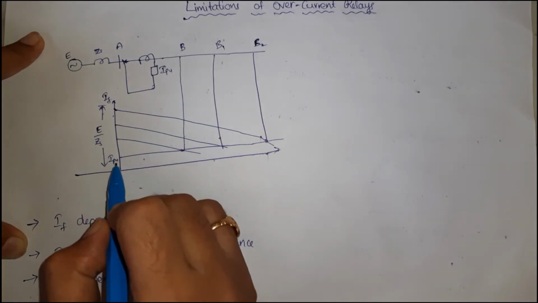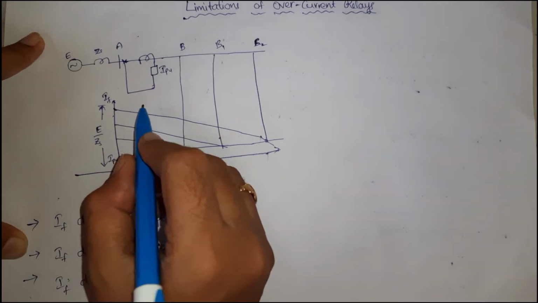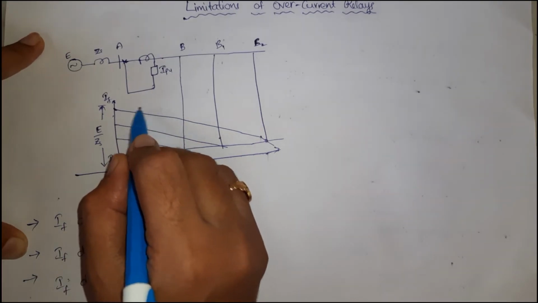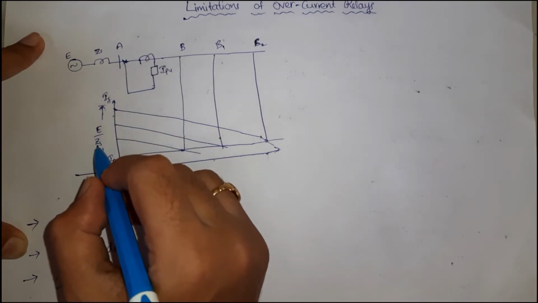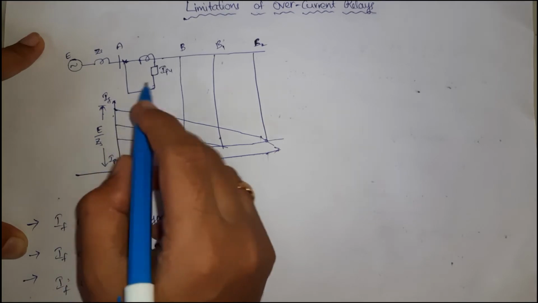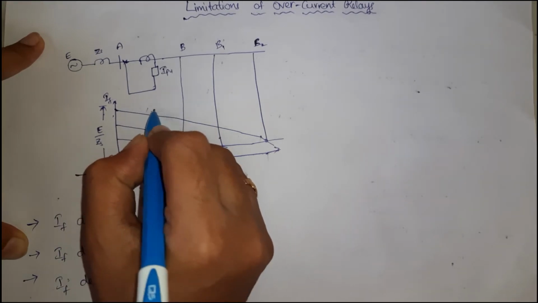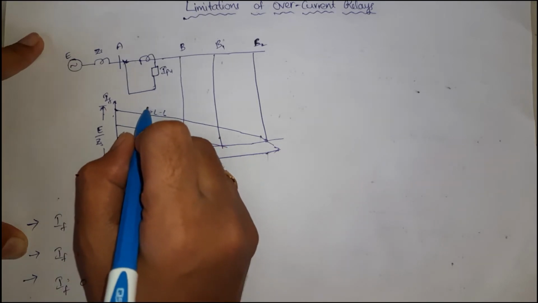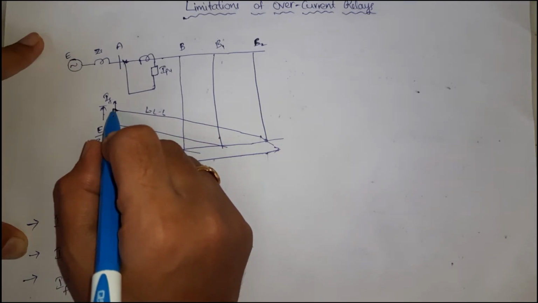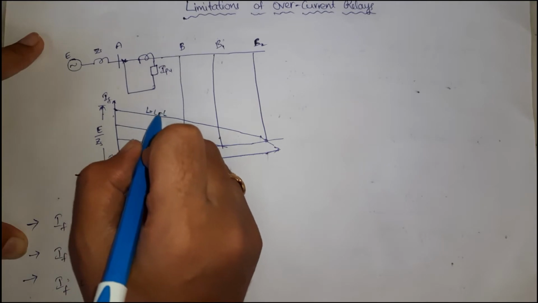Now let us take a three-phase line fault, that is a triple L fault. In this case the fault current is very high, as you know it is the most severe fault.